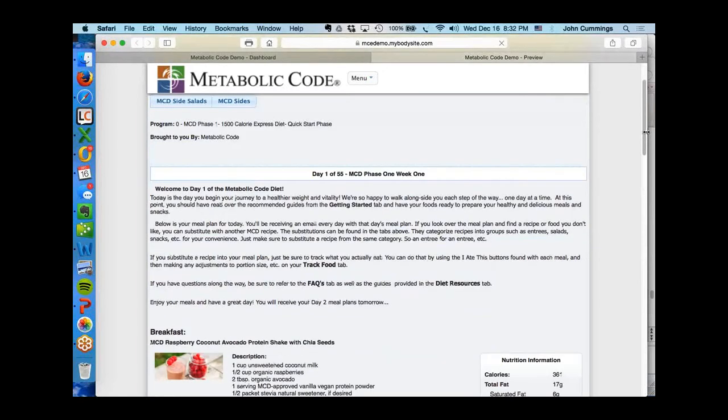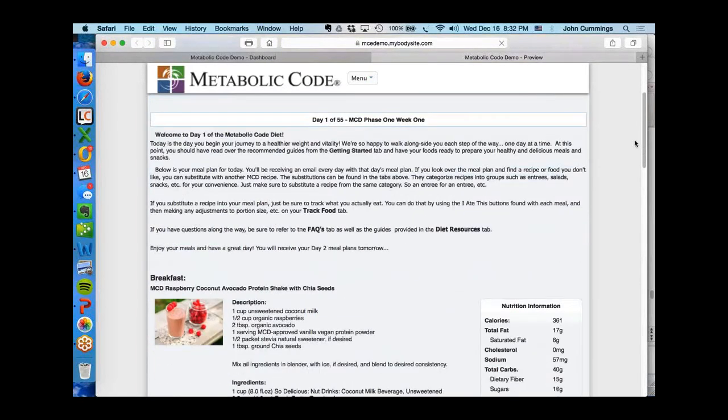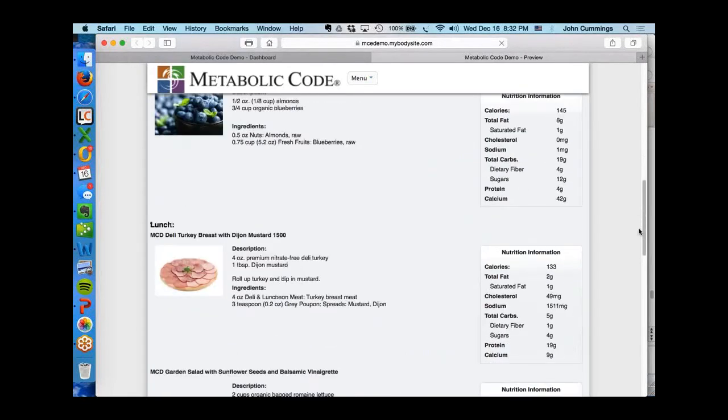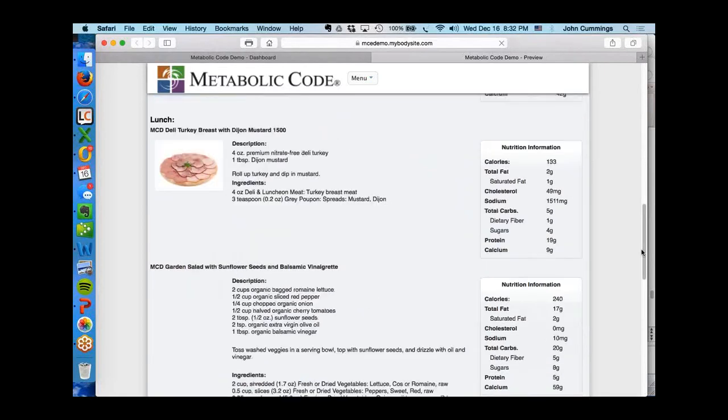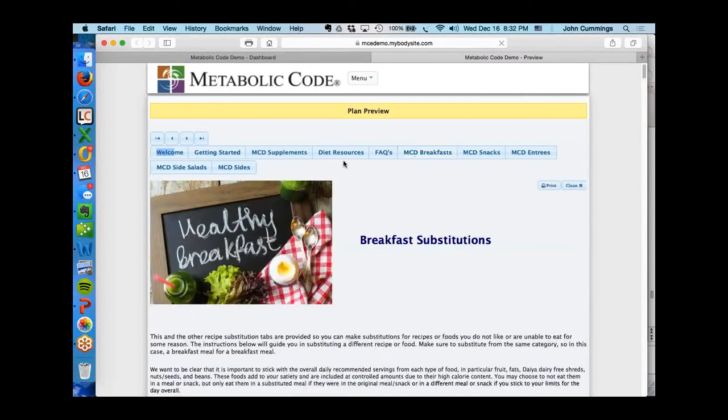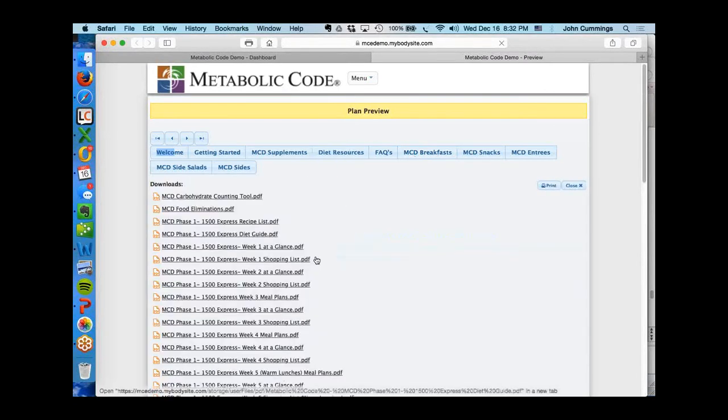There are beautiful graphics, there are daily affirmations with instructions, and each day there are meals and meal plans delivered to the patient by email, and also in an account the patient can access on the web, so that they have information that includes not only what is recommended for their daily meals guidance, but also all the resources that underscore that plan, including substitution meals, substitution snacks, all the resources that go along with a plan like that in multiple PDFs, recipes, weekly glance, meal planning, grocery lists, all of that is included.